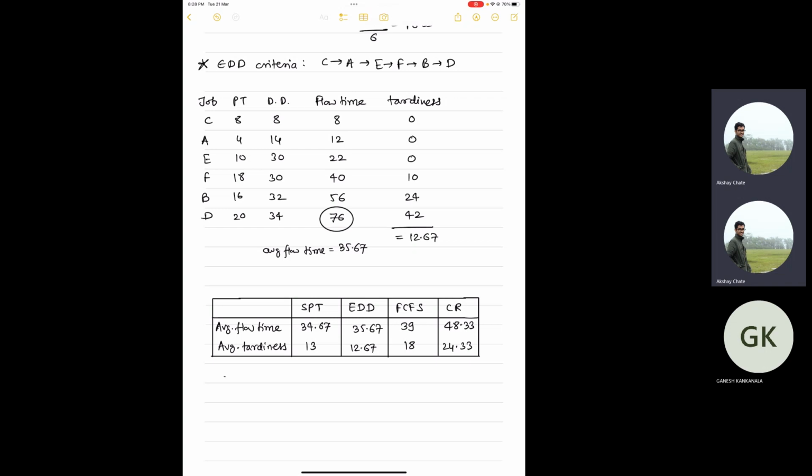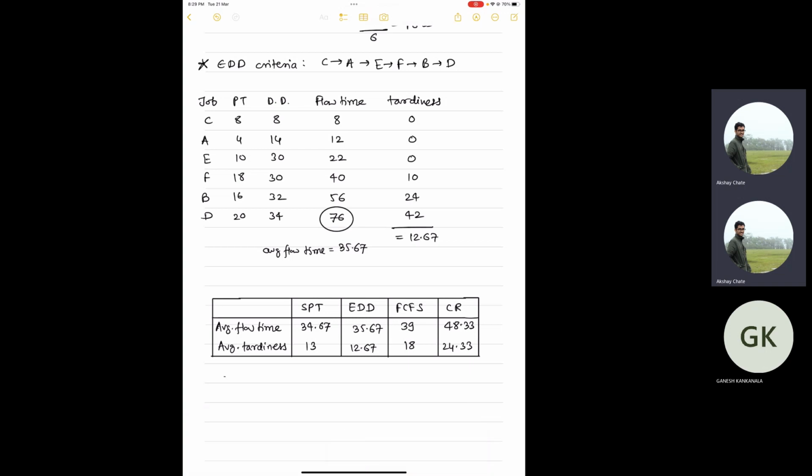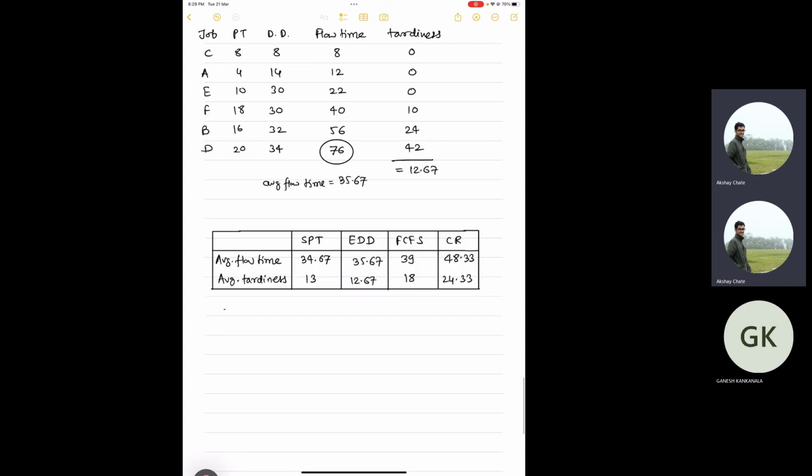You can see the highest flow time is in this CR, and this SPT is having the lowest flow time. Okay, I think it is not better this way. What I'll do, I'll just write it down.